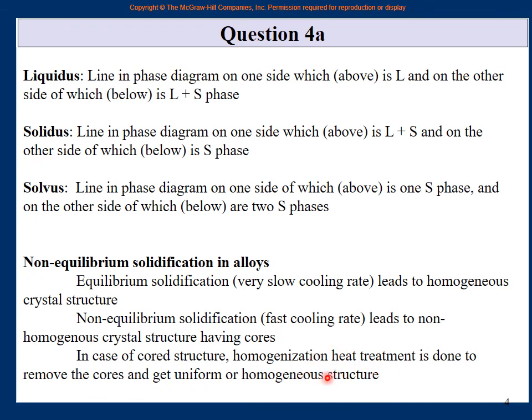Equilibrium leads to a homogeneous, same structure throughout. Non-equilibrium or very fast cooling leads to a non-homogeneous structure, which means there are cores. To remove the cores, you do the homogenization heat treatment, which will dissolve all the cores, and the crystal structure will be uniform everywhere.